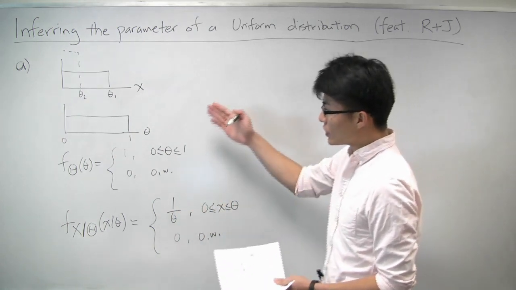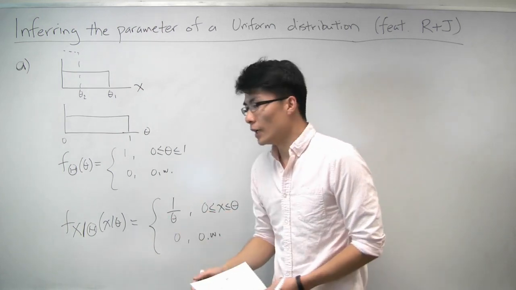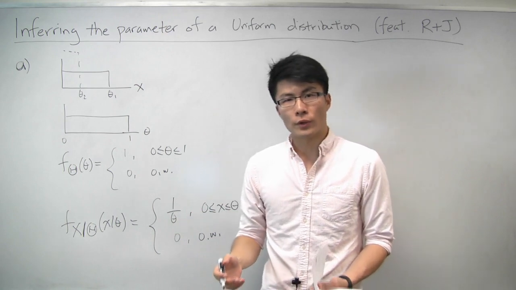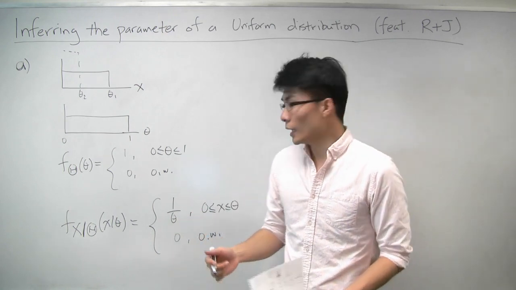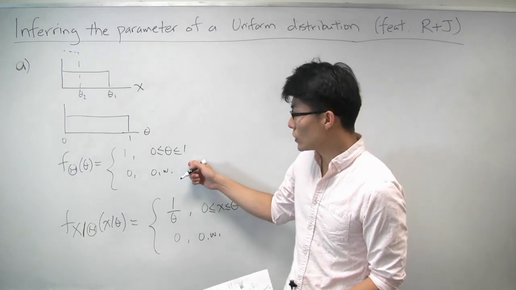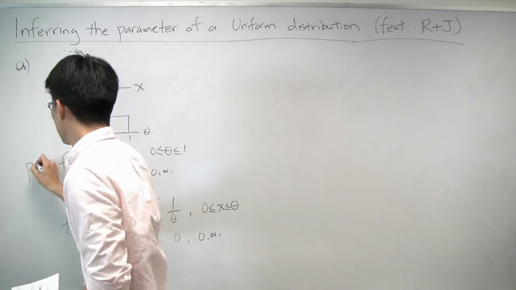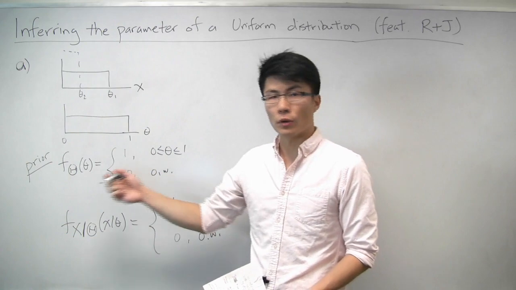Okay, so now we have the necessary fundamentals for this problem. And what do we do in inference? Well, the objective is to try to infer some unknown parameter. And what we have is a prior, which is our initial belief for what this parameter might be.